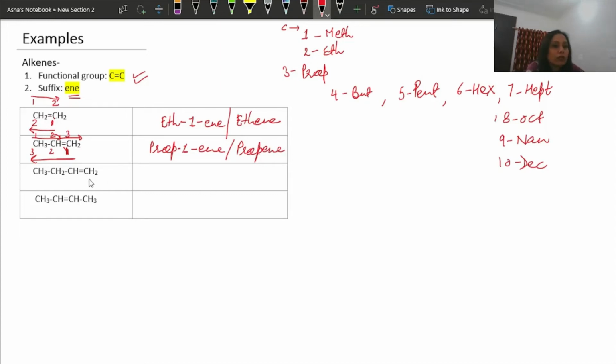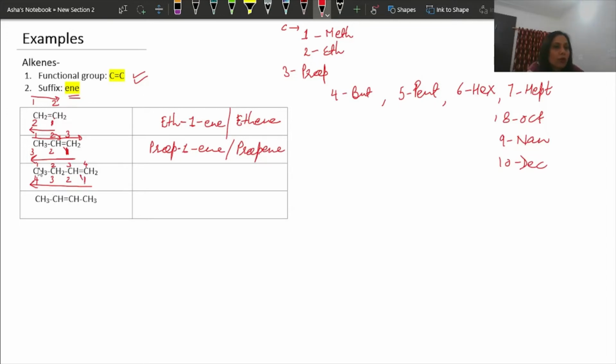Now this one, if you are doing the backward counting, this is the first carbon, this is the second carbon, this is the third carbon, this is the fourth carbon. If you are doing the front numbering, this is the first carbon, this is the second carbon, this is the third carbon, this is the fourth carbon, right? Now the double bond is coming with the first carbon in backward counting.